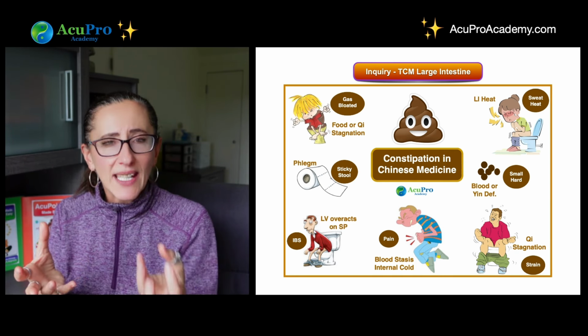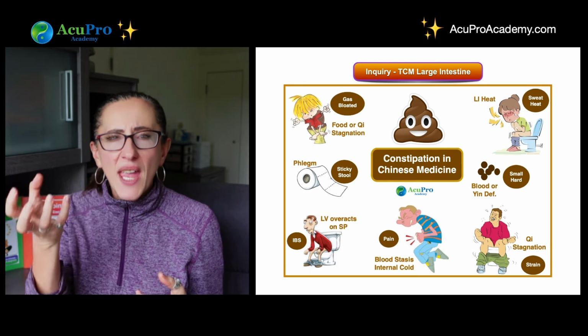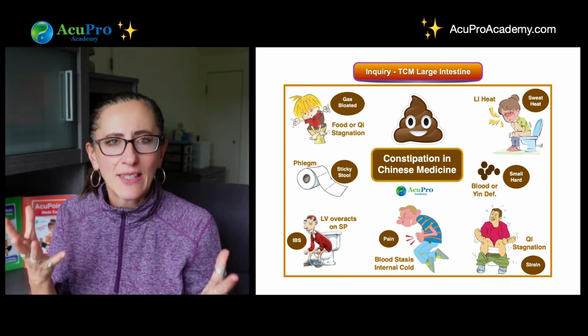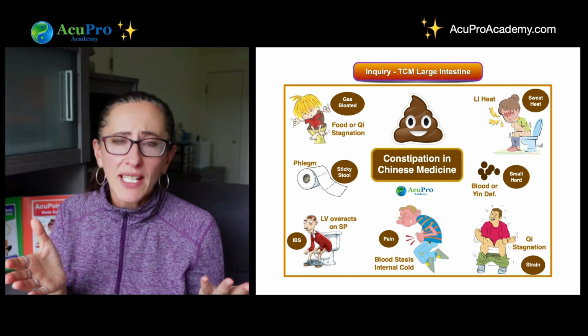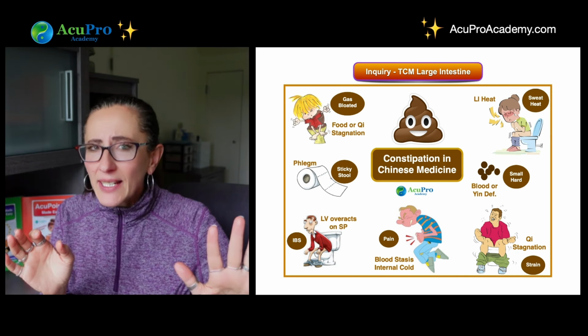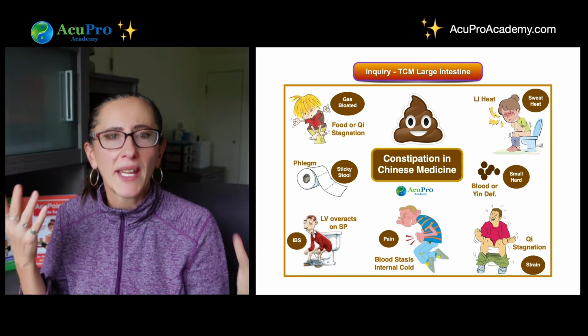Now, the stools, if they're dry little pebbles, that's a yin deficiency. If they're big formed stools, a large amount, that's excess in the large intestine. When it comes to IBS, which is alternating constipation with diarrhea, this is often due to stress. So it's a liver qi stagnation creating some spleen qi deficiency or wood overcontrolling earth.